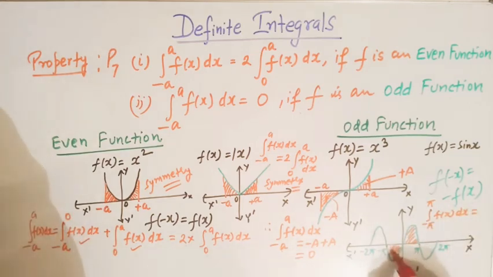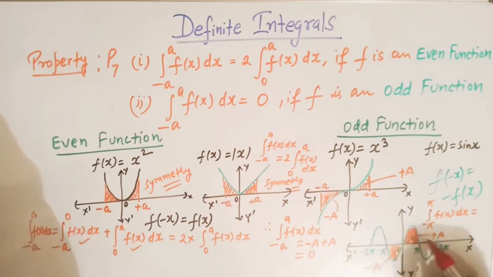So obviously this area is minus a and this area is plus a, because both these areas are equal but opposite in sign, because this area lies below x-axis and this area lies above x-axis.